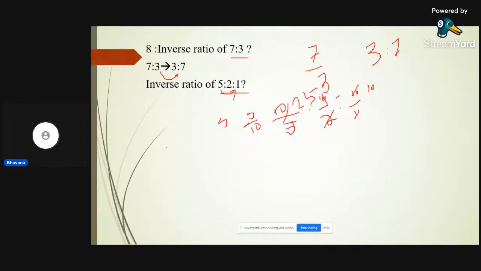So this is one way. In another way we can easily find the 3-term ratio inverse. That is 5 is to 2 is to 1. Just close this first and multiply with this 2. So here we get the 2. Then next, here just close this value and multiply with the remaining, that is 5.